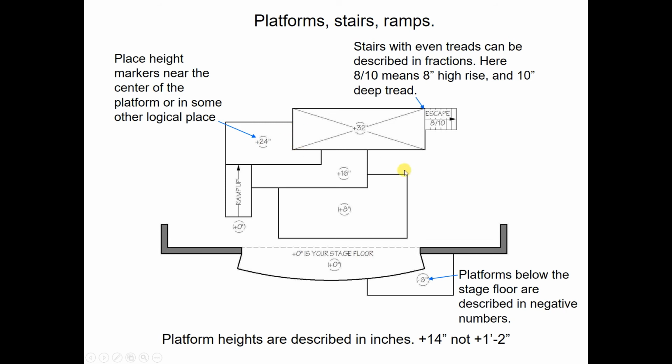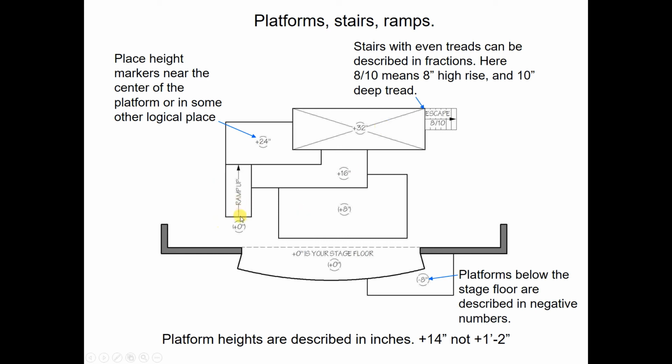The one exception would be if you had a very complicated deck of platforms, lots of them at lots of different heights. You could draw these little X's on here with your lightest weight lines, very fine lines, just to make it easier for the person looking at the map of all these stacked platforms to figure out where one contiguous level was. That would be one reason to draw the X, but otherwise you can leave those X's off.